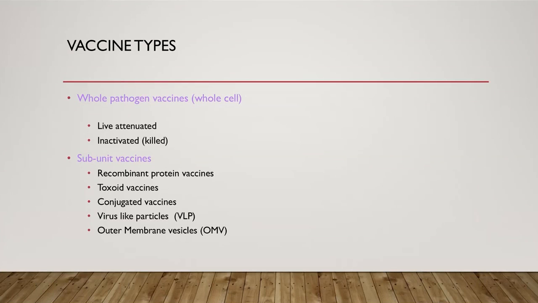Then we have subunit vaccines. There you don't use the whole pathogen. Whole cell is not used. Only a subunit of the agent is used. Vaccines which come under that include recombinant protein vaccines, toxoids, conjugate vaccines, virus-like particles, we call them VLP, and outer membrane vesicles or OMV.